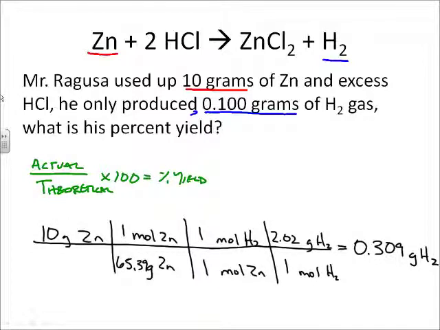So, the question then is, what was our percent yield? Well, this value that we calculated in our stoichiometry problem, that is our theoretical yield.